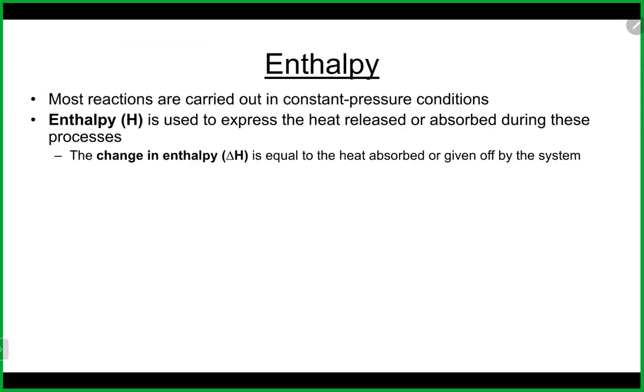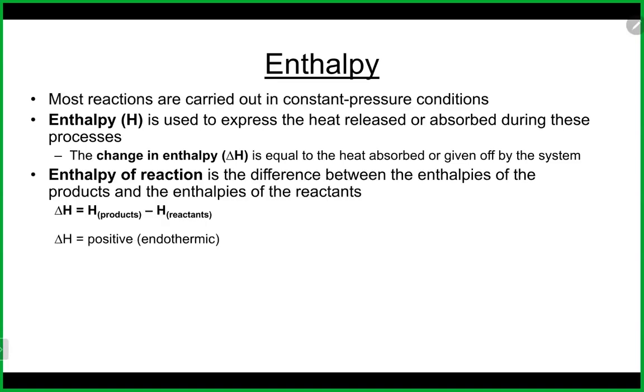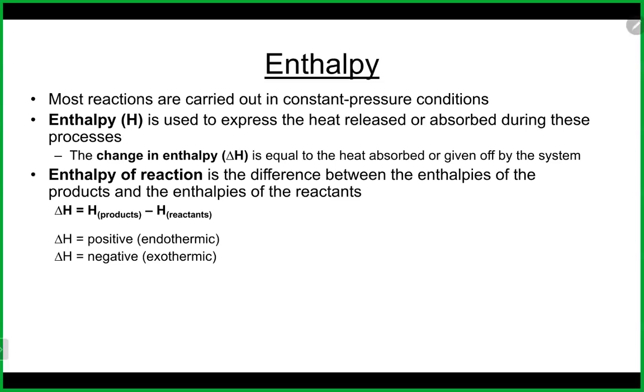So let's officially talk about enthalpy and how to do some of these calculations involving it. As I mentioned before, most reactions are carried out under constant pressure conditions. The enthalpy, which is H, and most often we look at what is referred to as the change in enthalpy, which is the delta H value, is basically the heat that's absorbed or given off by a system.